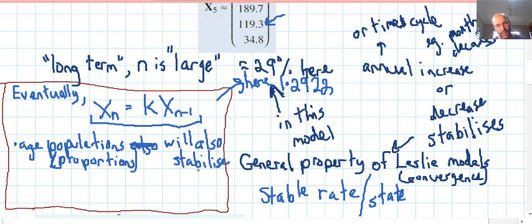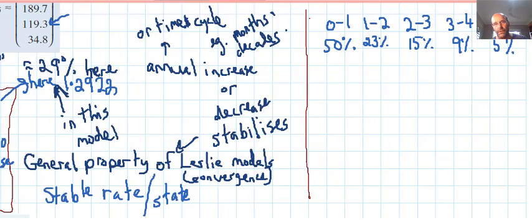They'll converge to a certain number. We'll have a look at that in a moment. So if you actually use the numbers from this video and the previous one, you'd find that eventually the proportions would converge and stabilize. So the 0 to 1 would be pretty much 50%, and you see all the other values there. Okay, so that is again a feature of Leslie matrix models.